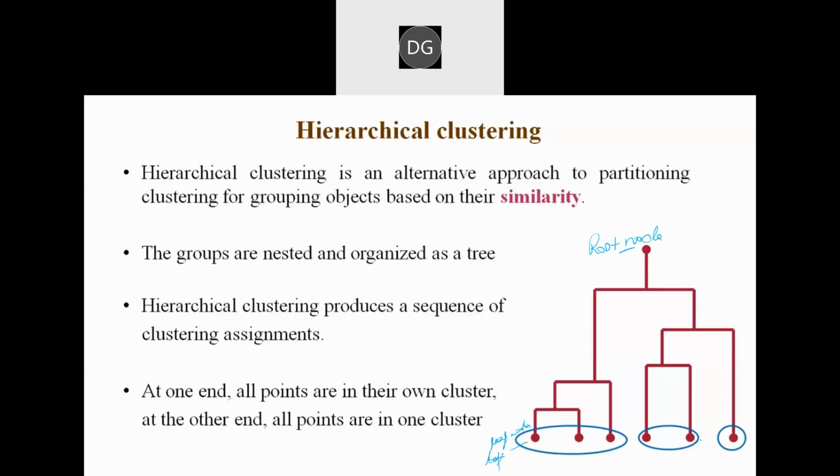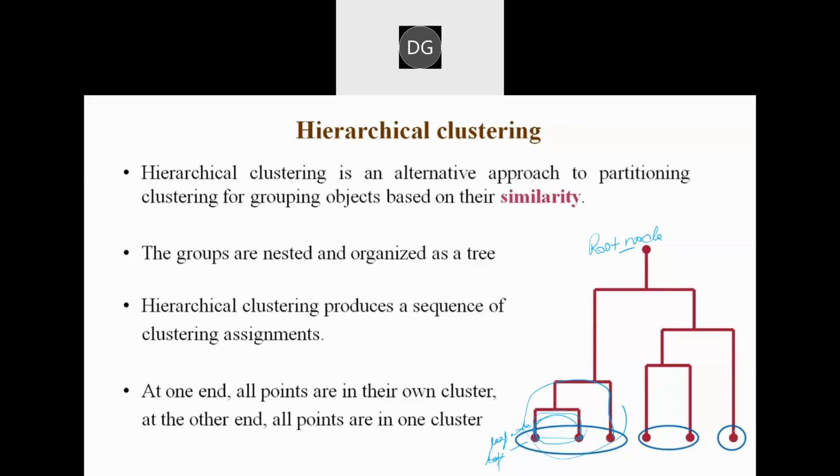Leaf nodes are nothing but the data points, the entire data points. From the data points, we will try to match the closest two points. If two points are very close, we create them into one cluster. And from the close clusters, we again go for the next nearest points, then that will become another cluster.